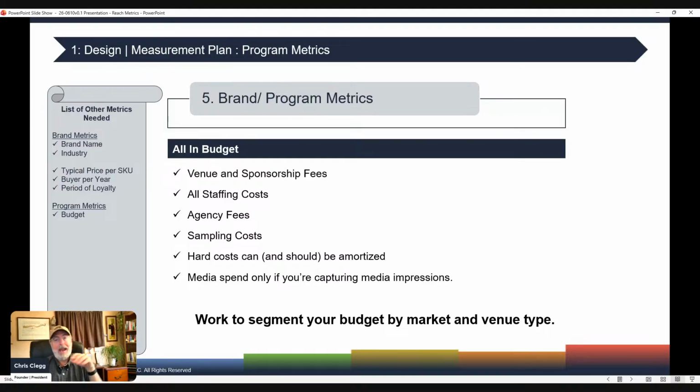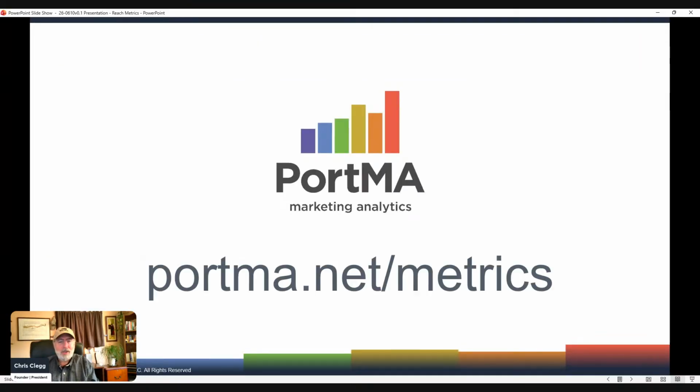So when you're looking at that festival versus community event, you can do that specific math to figure it out. When you don't have that, then you can just divide number of event days by your total budget and get an average cost per event day and use that. Sometimes that's going to mess up your ROI a little bit, but most of the time it's going to be absolutely fine. So those are the metrics that we're going to recommend you collect.